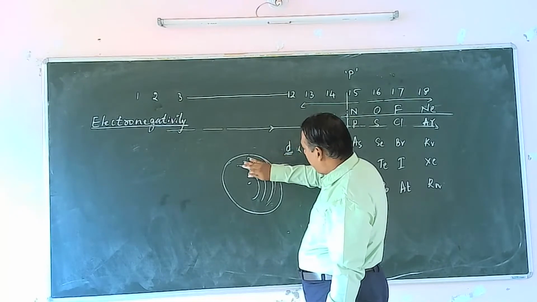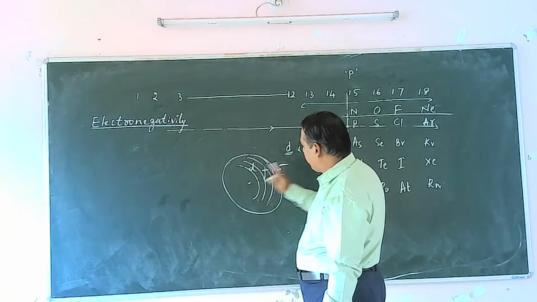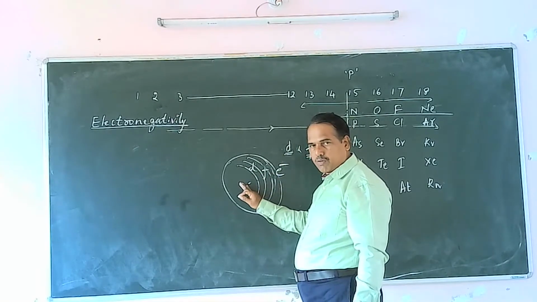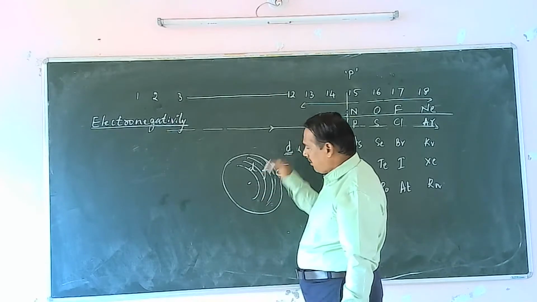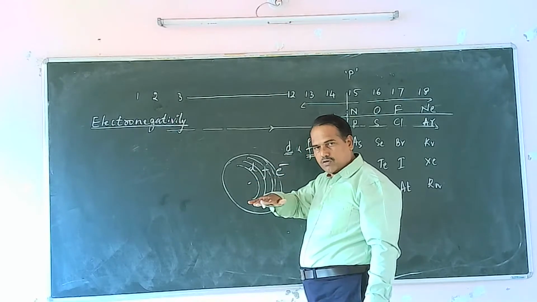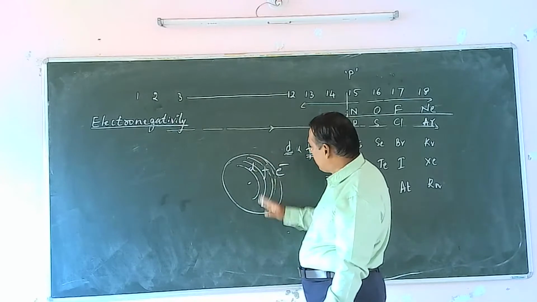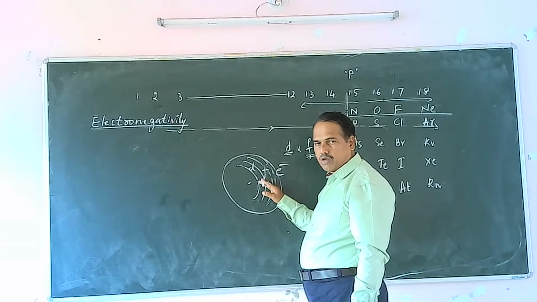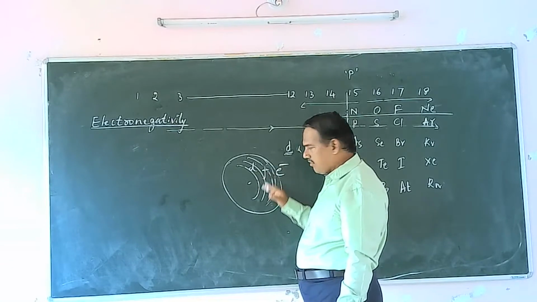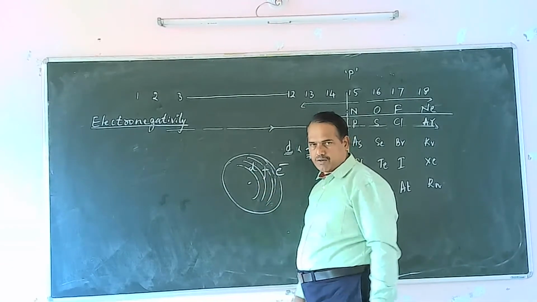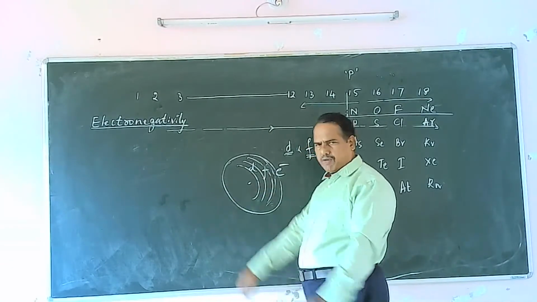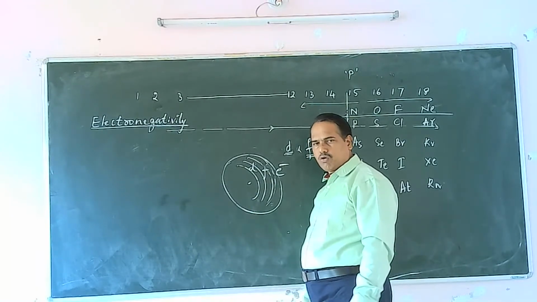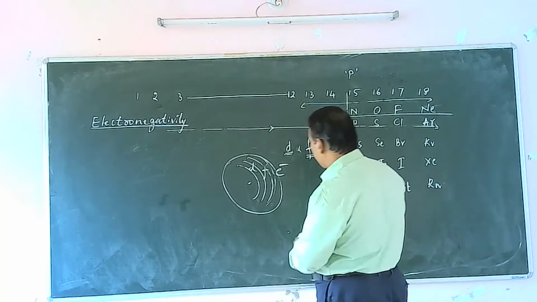These inner electrons and the shells make an influence between the outermost electron and the nucleus. So the nuclear charge gets reduced due to the presence of different orbitals, either D or F, and that particular effect is called the screening or shielding effect. Sometimes the shielding effect is very poor, and at that time the nuclear charge is more.